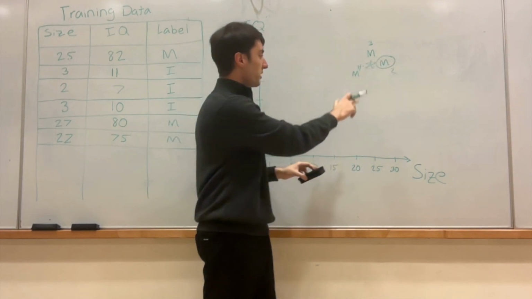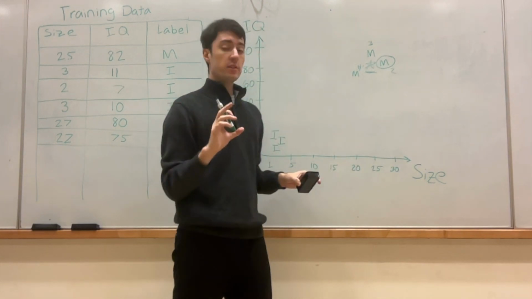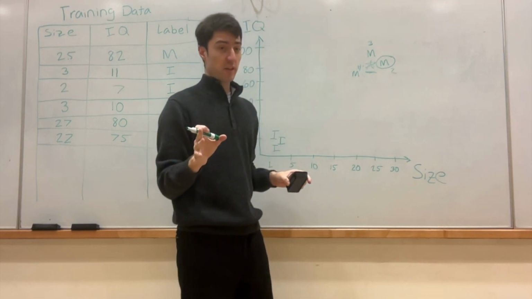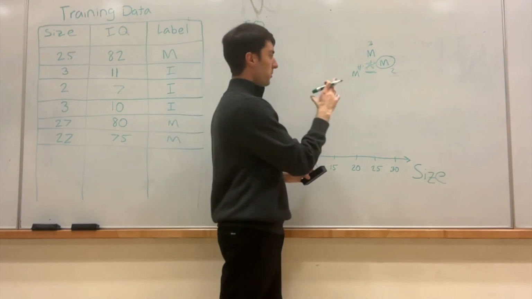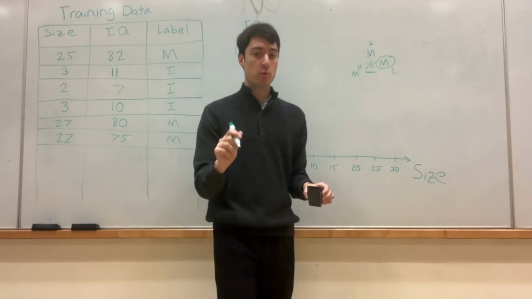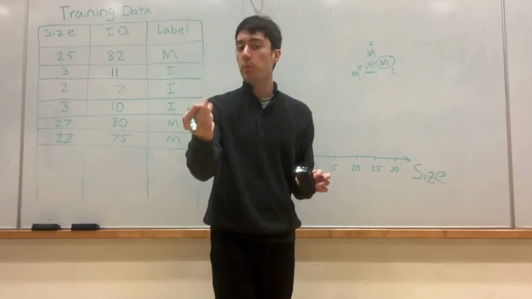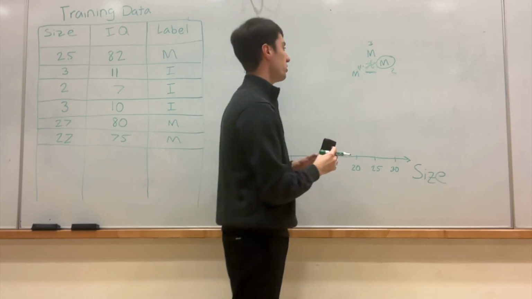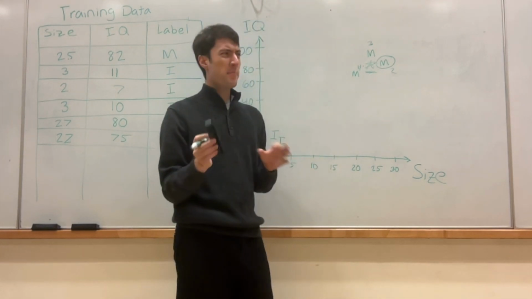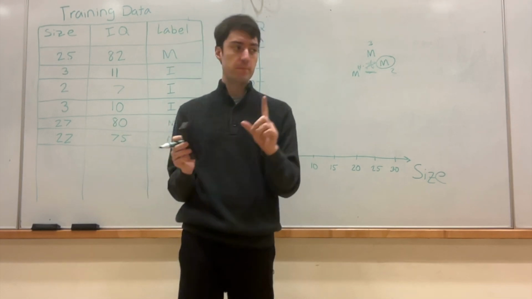So it says, okay, this point right here, I was not given the classification, but the closest neighbor is a monkey, and therefore I am going to say that this is a monkey. It's going to output monkey as the classification.